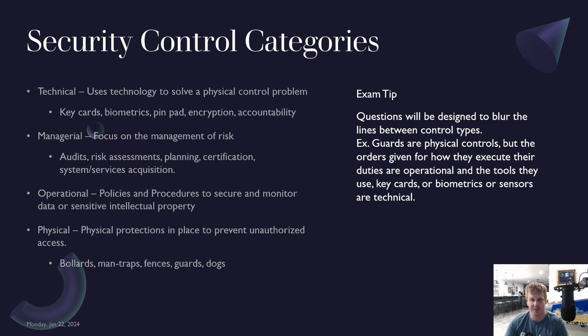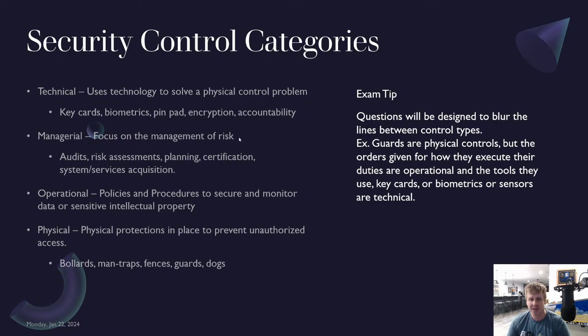The policies that go behind that would be your operational control. So the third one on our list here. Essentially, those are the policies and procedures that secure and monitor your data. So how data is stored would be operational, but how you're actually storing it could be technical or it could be physical if you're putting it into a safe. But the process that you write that out to, here's how this works, makes that an operational control, whereas actually putting something in the safe and locking the safe itself is the physical control.